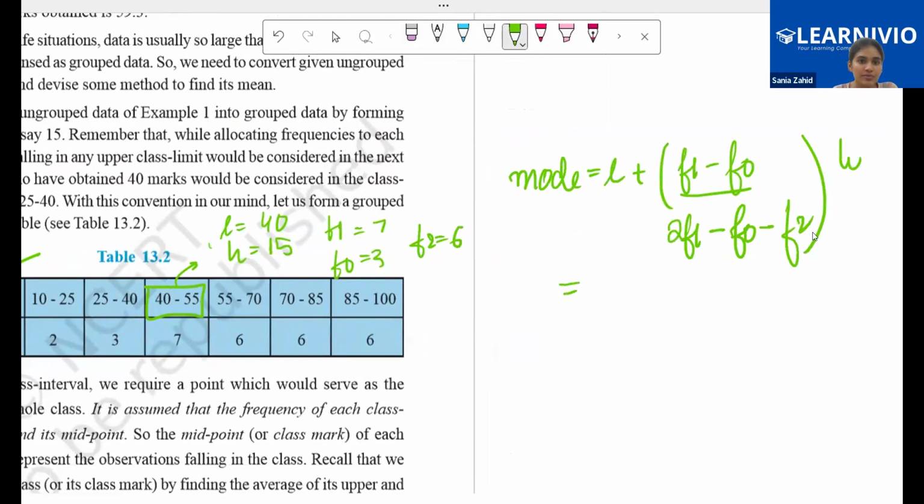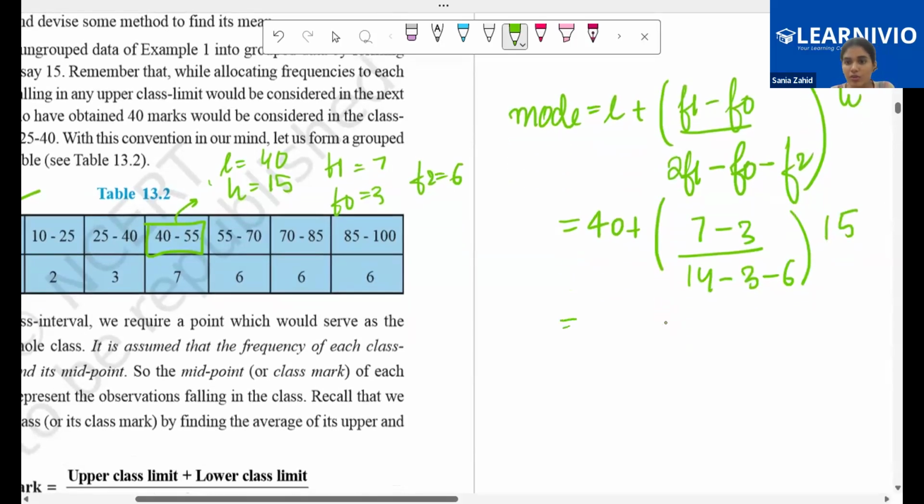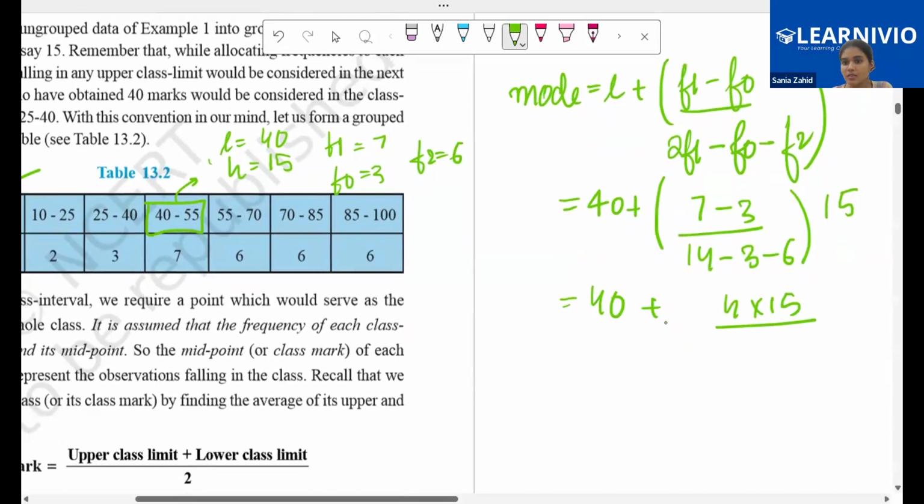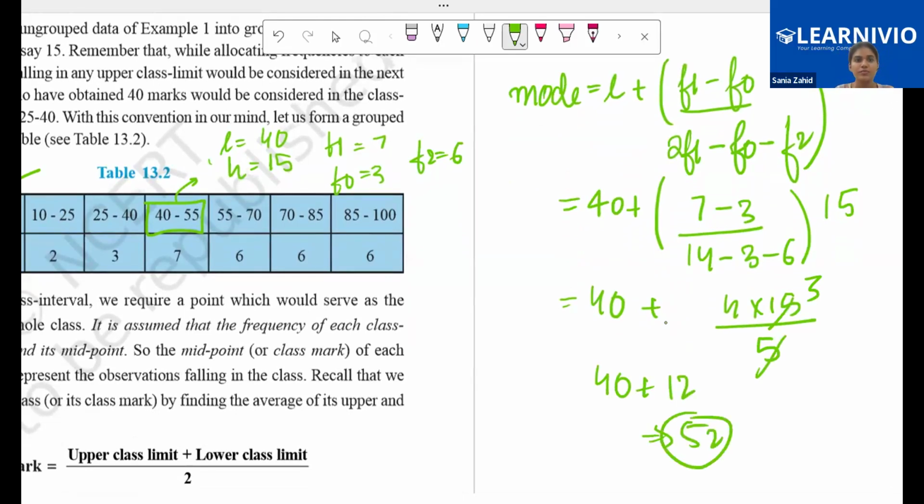So you have 40 plus (7 minus 3) by (14 minus 3 minus 6), into 15. So 40 plus 4 into 15. So your answer is 52. Understood, Umair?